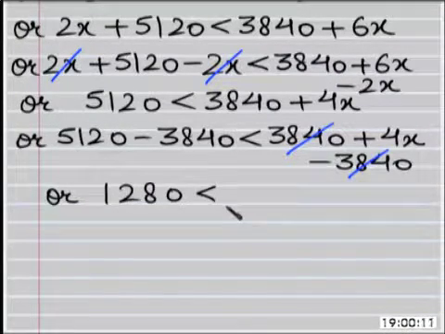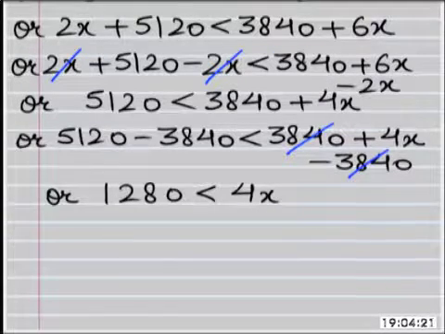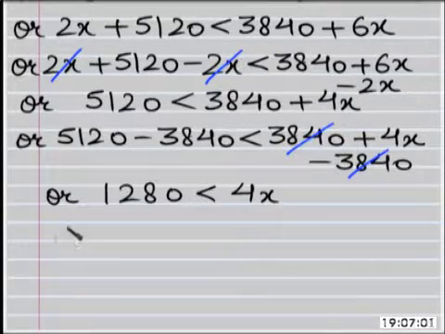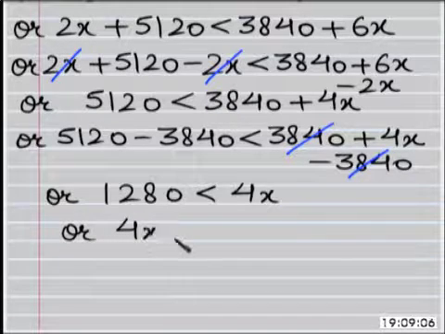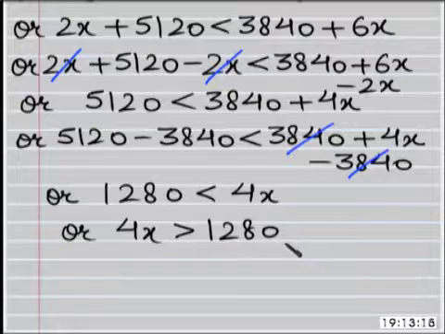Solving it further, we get 1280 is less than 4 into x, or 4 into x is greater than 1280.